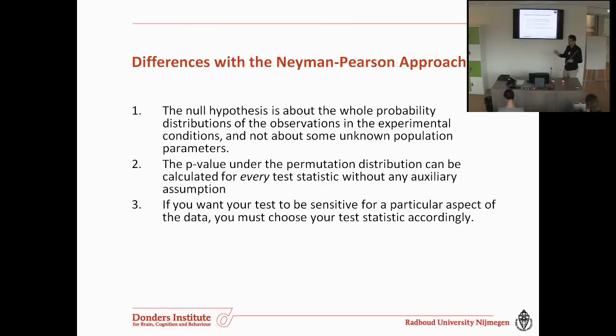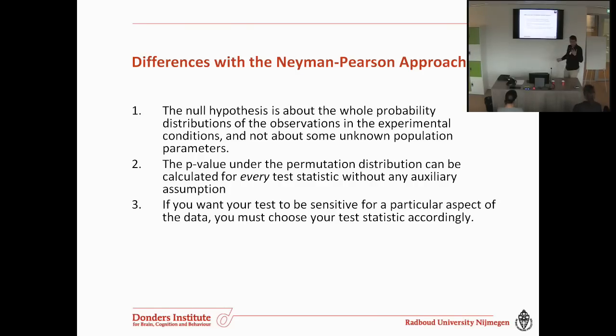And there is also the opportunity to go for a particular test statistic that is chosen specifically for the type of effect that you hope to encounter. And that's actually mentioned in point 3. If you want your test to be sensitive for a particular aspect of your data, and I assume you are well informed about the neurobiological mechanism that you are hunting for, if you know a particular pattern in your data, that's what I want to detect.